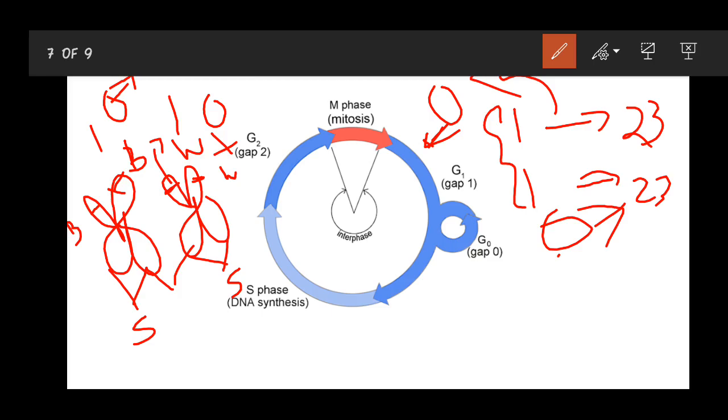We also talked about homologous chromosomes. These two chromosomes can be called homologous chromosomes. The next is non-homologous chromosome. If you are comparing chromosome number 1 with the other chromosome number 1, you call them homologous chromosomes.